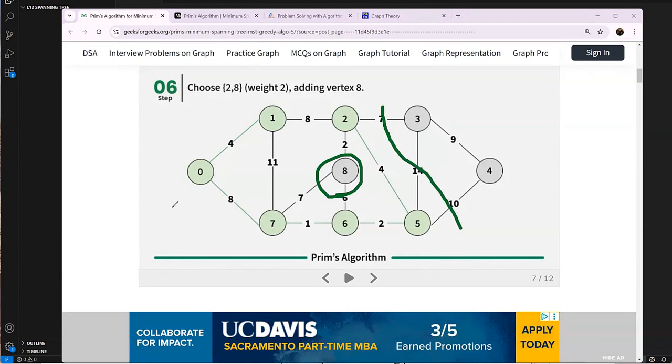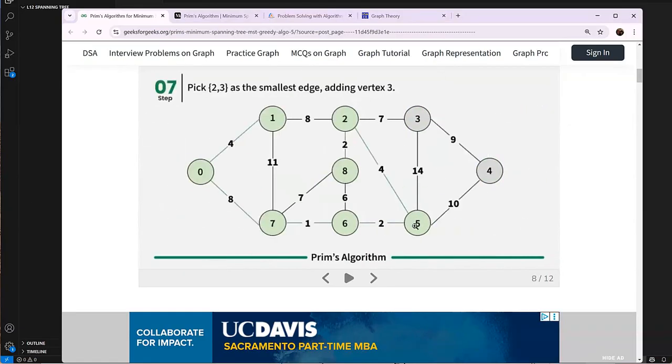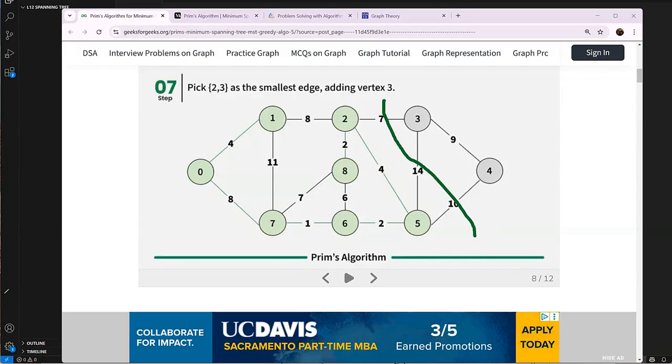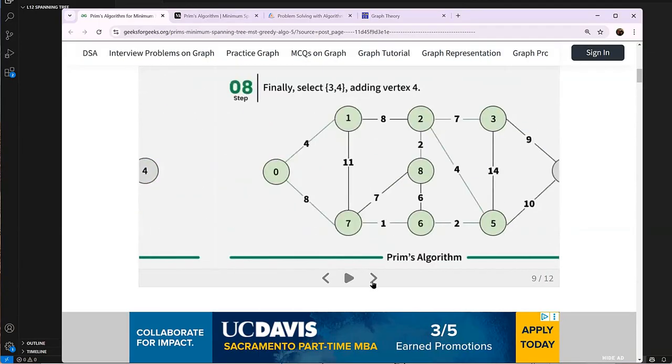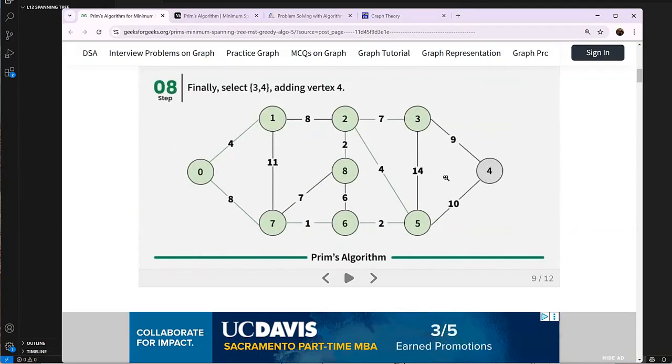Okay, these are the cuts. So you will pick 2 to connect it at node 8. Okay, that's okay. And you got this. Now, your outgoing edges right now are 7, 14, and 10. So you will pick 7. Okay, and then your node 3 is connected.